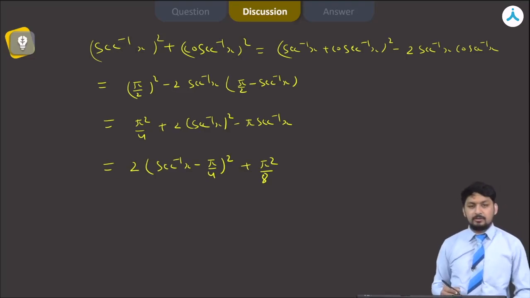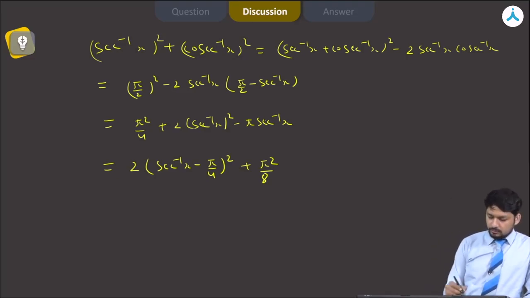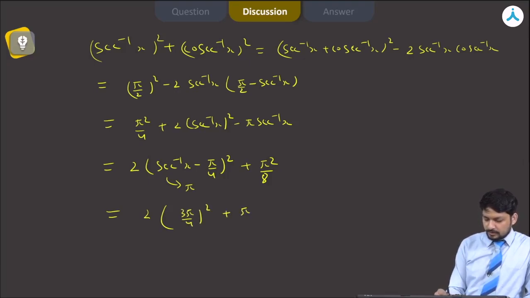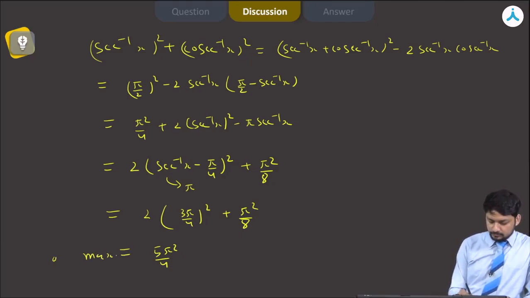Now to get the maximum value, we have to put sec⁻¹x as π. So this will become twice of (3π/4)² plus π²/8, which is equal to 5π²/4. So this is the maximum value and this is equal to a.